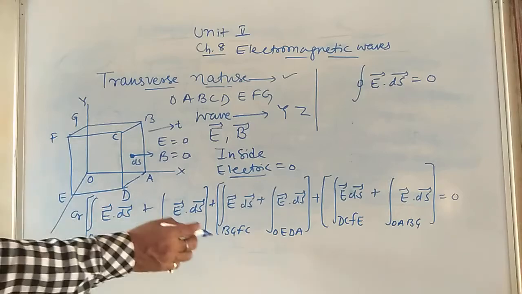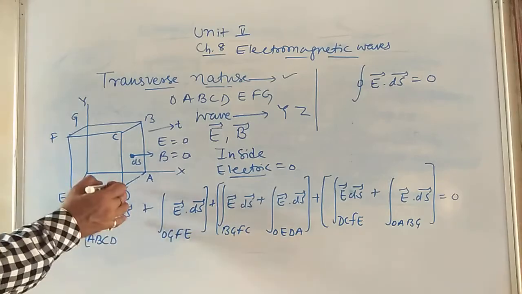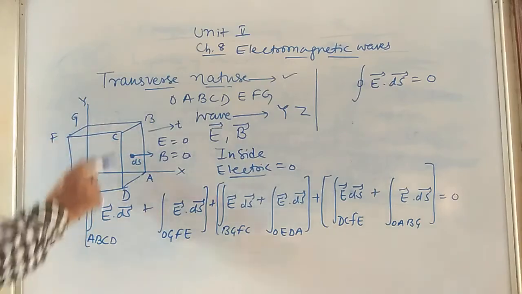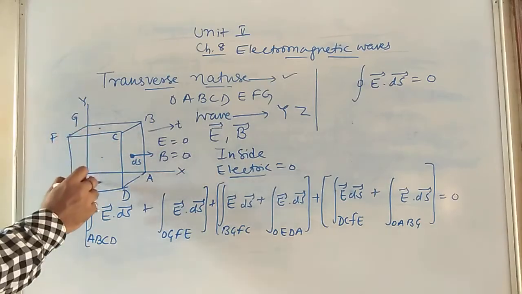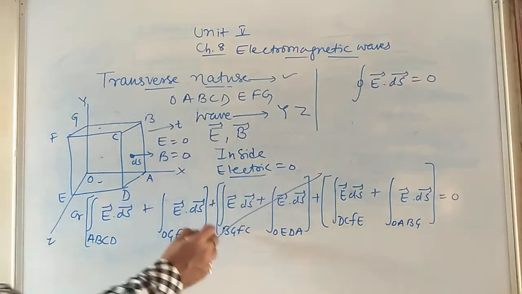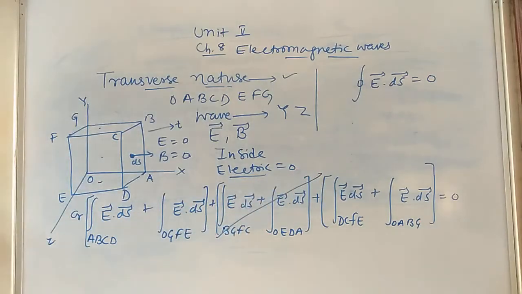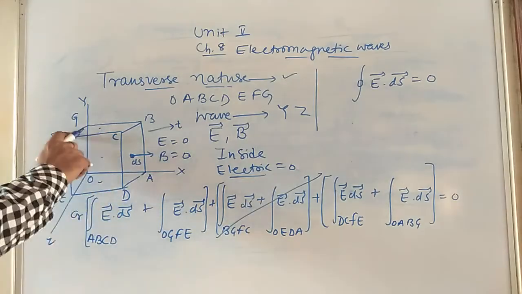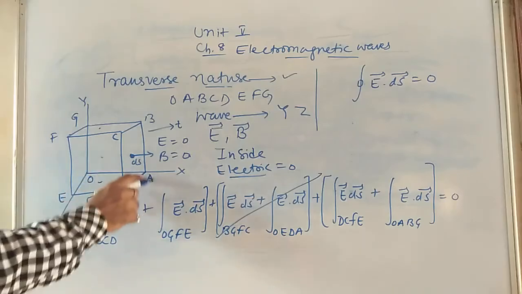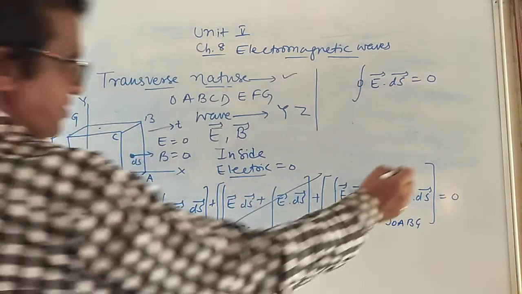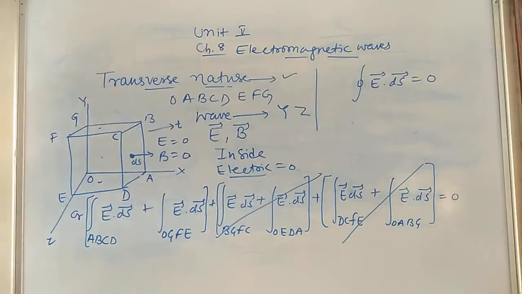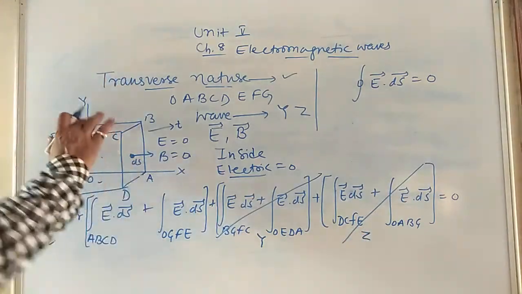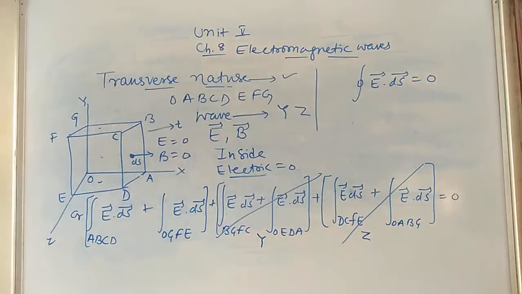So BGFC and OED are cancelled out. Similarly, in the Z direction, DCFE and OABZ also cancel out. The contributions due to Y and Z are in pairs, in opposite directions, so they are cancelled out.